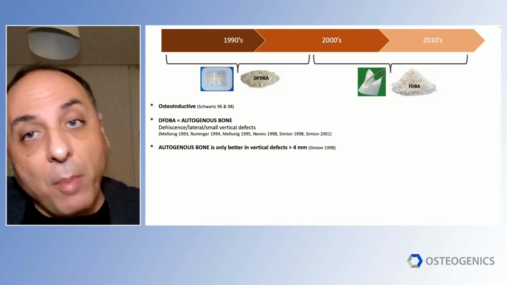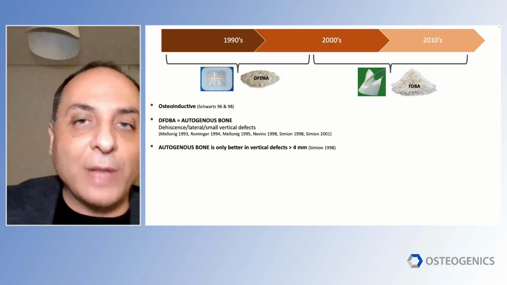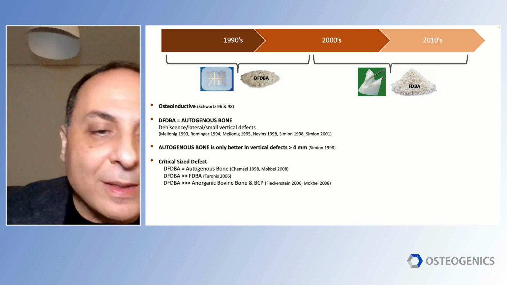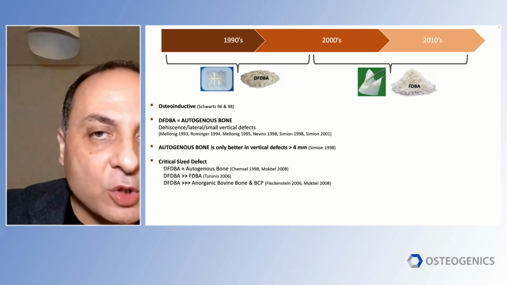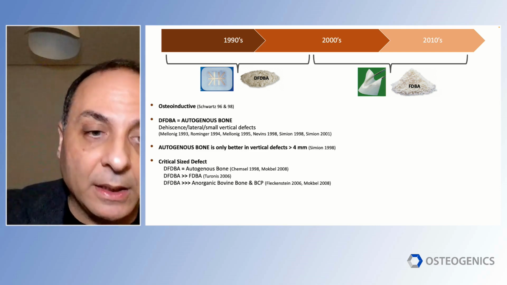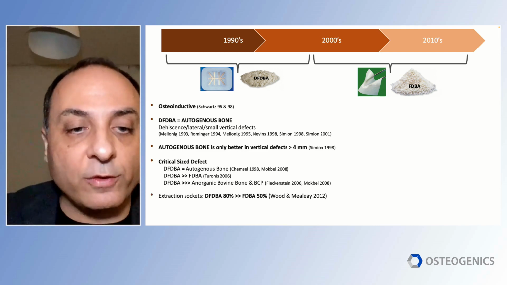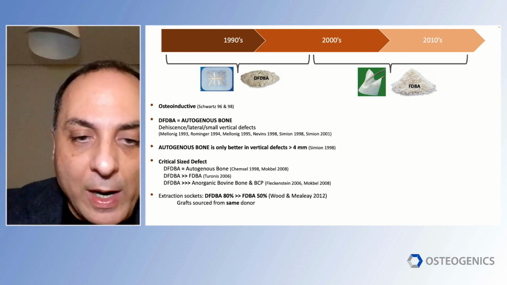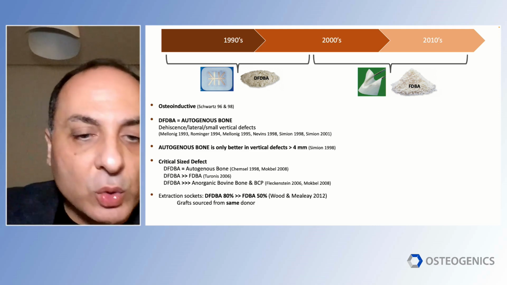Only above 4 millimeters in vertical would he advise autogenous bone. In animal studies, it was equivalent to autogenous bone and superior to synthetics. This was proven. And in sockets, the performance was great, by the San Antonio group.